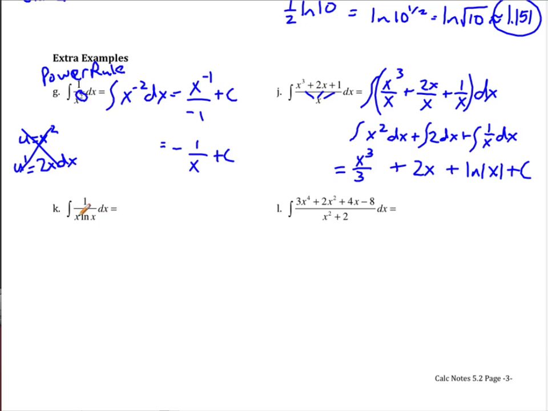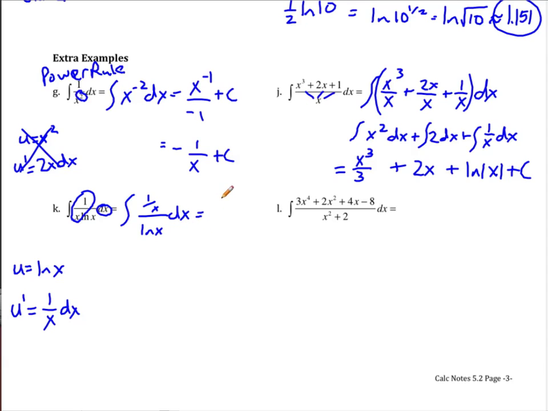Now letter K, this one's a little bit tricky. We have 1 over x times the natural log of x. So if we were to let u equal the natural log of x, and now what does u prime equal? Well, 1 over x dx. So now you can see here that this 1 over x dx is really our u prime over u. So this is really 1 over x over the natural log of x dx.